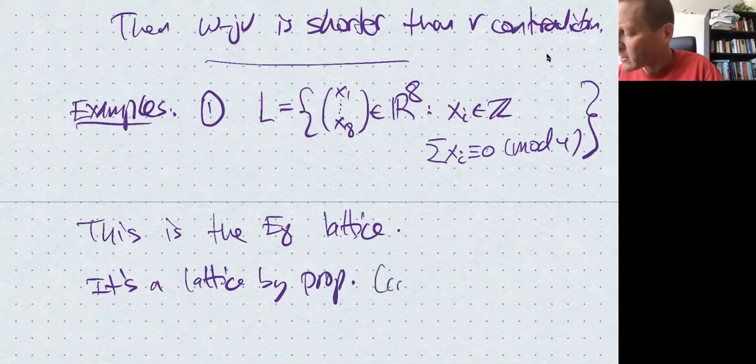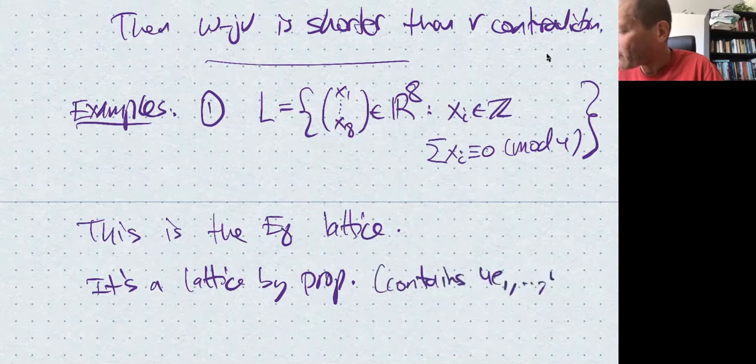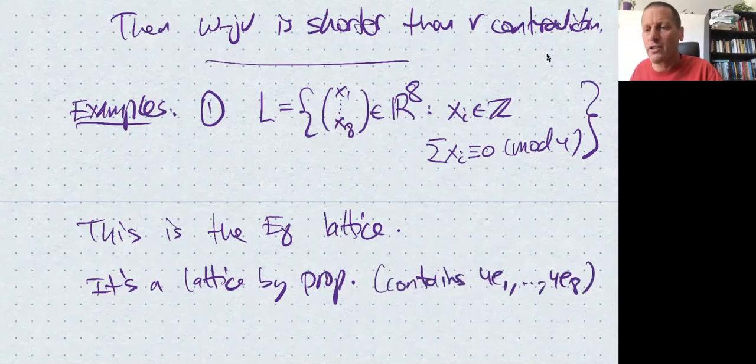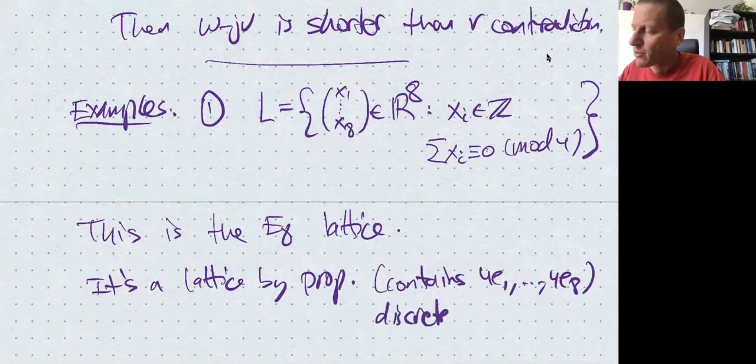Well, it contains 4E1, ..., 4E8. The multiples by 4 of the standard basis elements definitely satisfy this condition because 4 is 0 mod 4. And it's discrete because it's a subset of Z to the 8th.